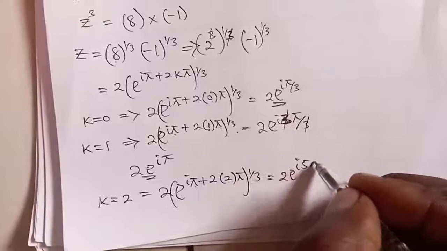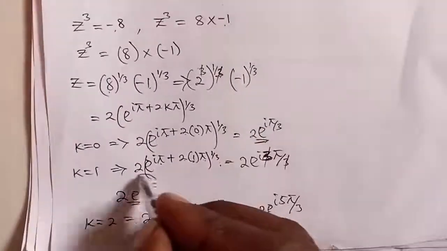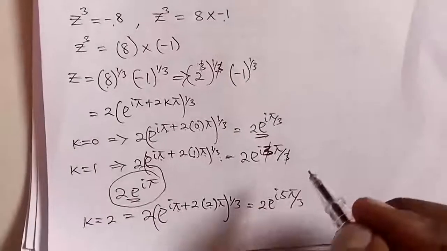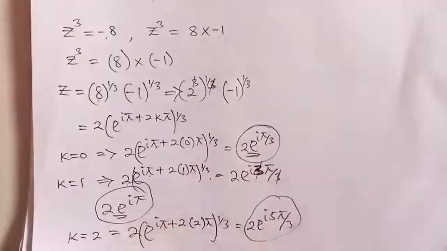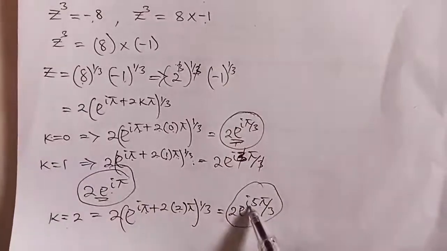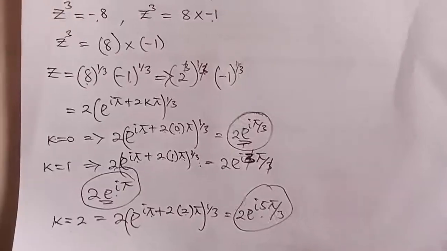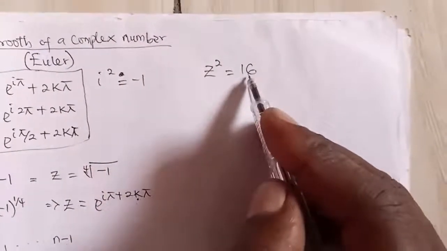So these are our answers, 1, 2, and 3. So these are 3 possible answers. We write them out. Another question is z squared equals 16.